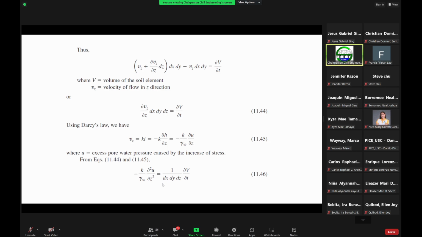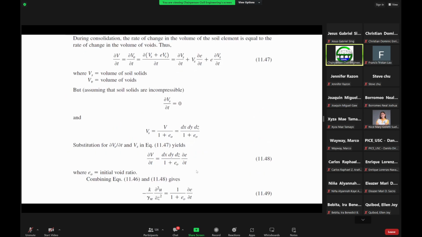This is the volume of the soil element, this is the unit weight of water, and this is the coefficient of permeability or hydraulic conductivity, which we discussed in permeability of soils.